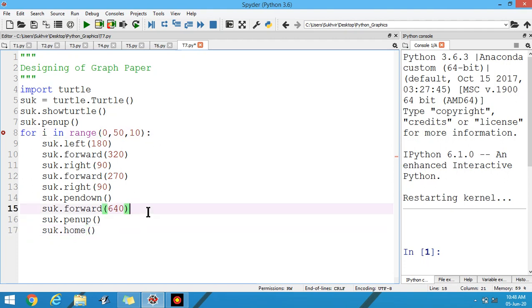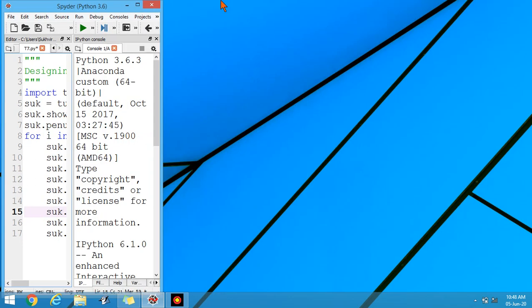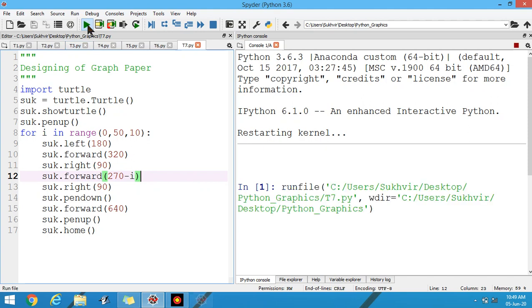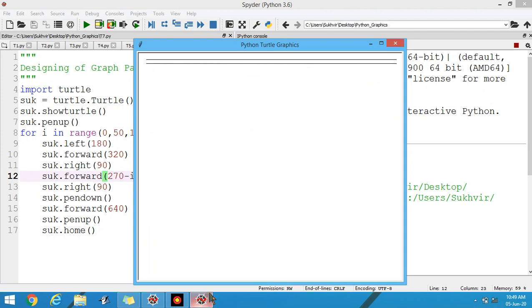Okay. Let us execute the program now. One more thing. The first distance is 270. Now we have to reduce the distance. Now execute the program. Designing of lines is there.